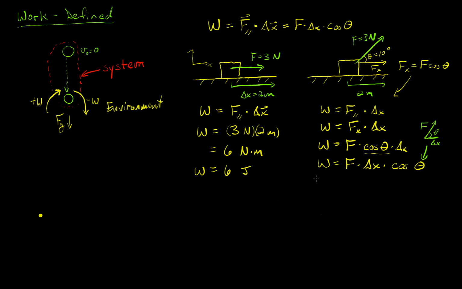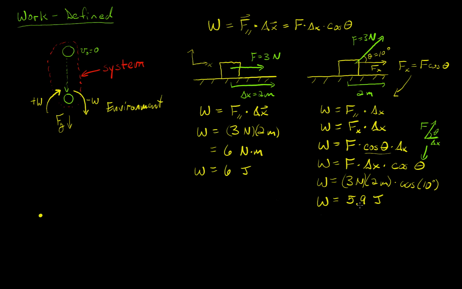All right, let's calculate. So the work is going to be 3 newtons times 2 meters times cosine 10 degrees. If we calculate that, I think it comes out to about 5.9 joules. So we can see that it does a little bit less work.